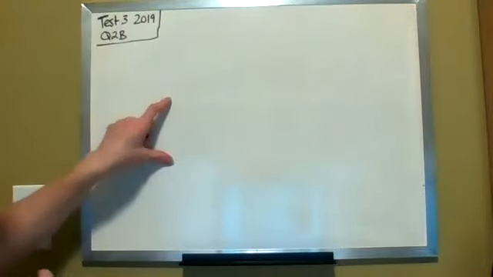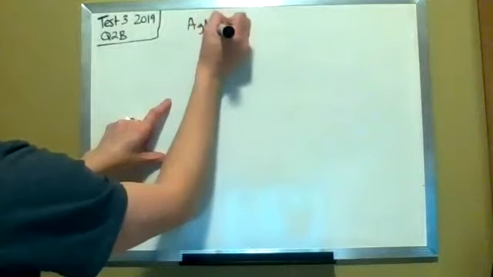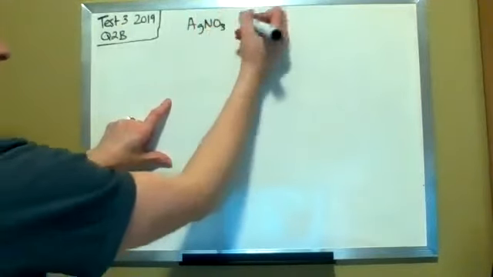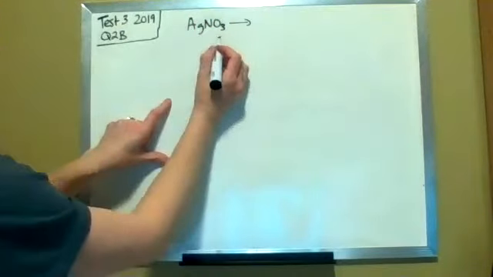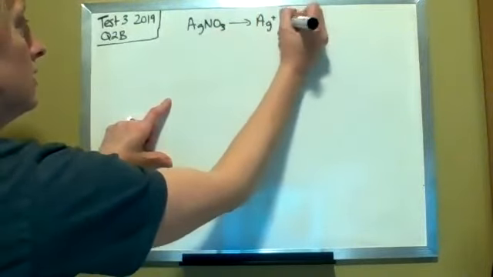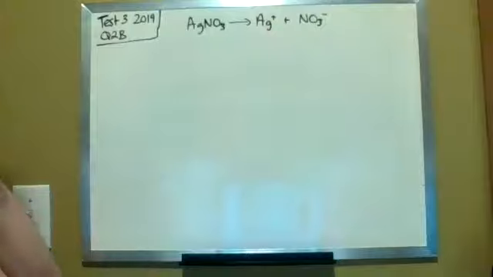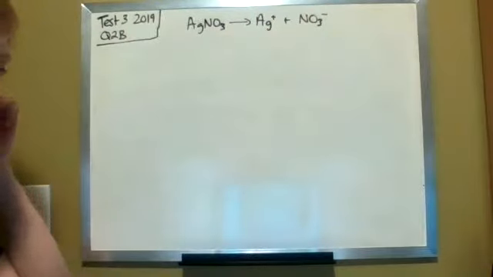So you have a solution of silver nitrate. We know from first semester that this dissolves nicely in solution into silver plus and nitrate ions. And then you're told that you're depositing silver.